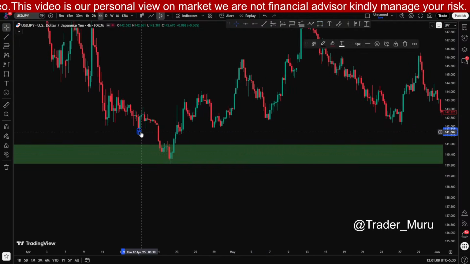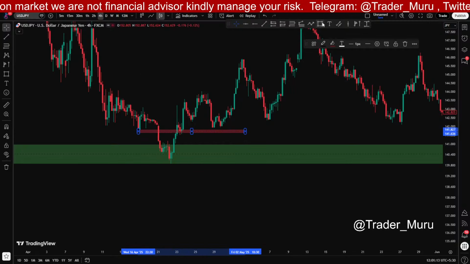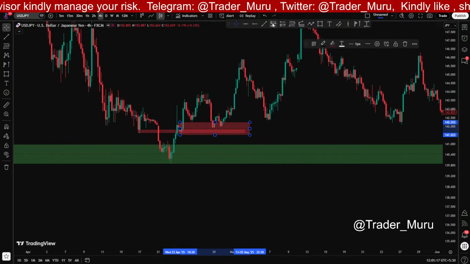This is your QML zone. It has already been tested, so it has the order block there. Price will test it and pump.